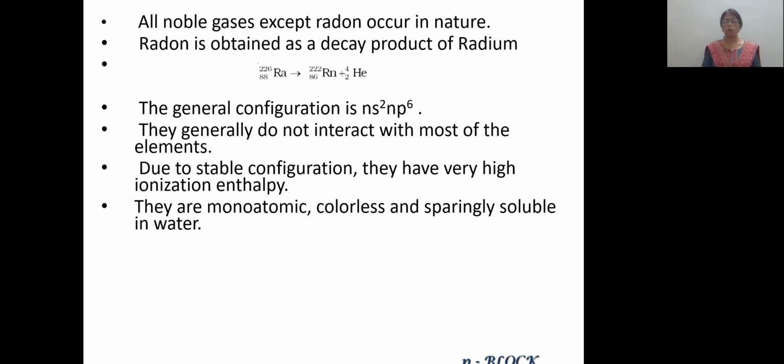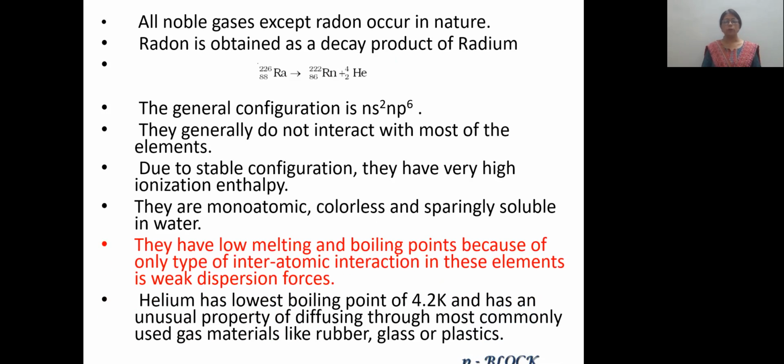Due to the stable configuration, they have high ionization enthalpy, as discussed earlier. They are monoatomic, colorless, and sparingly soluble in water. They have low melting and boiling points, because the only type of interatomic interaction in these elements is the weak dispersion forces.